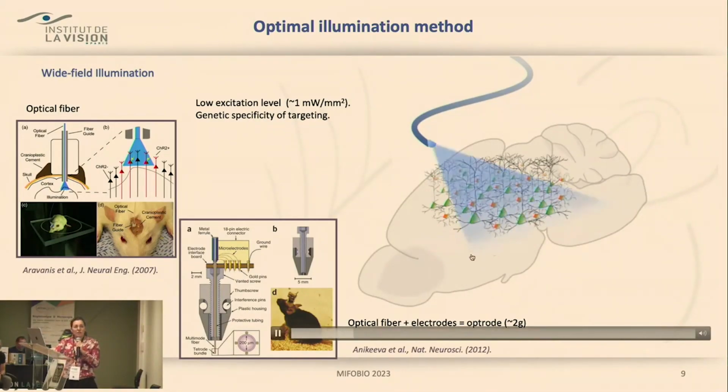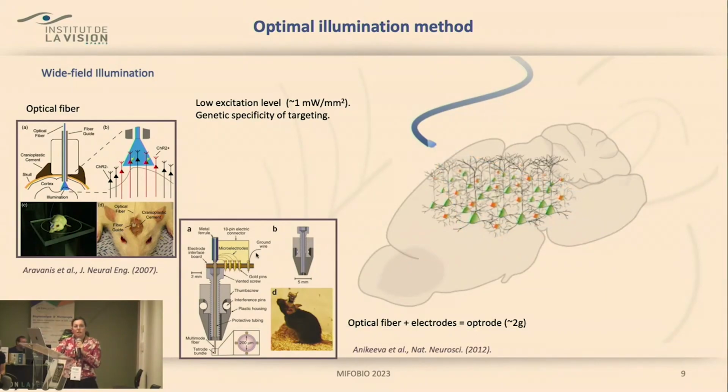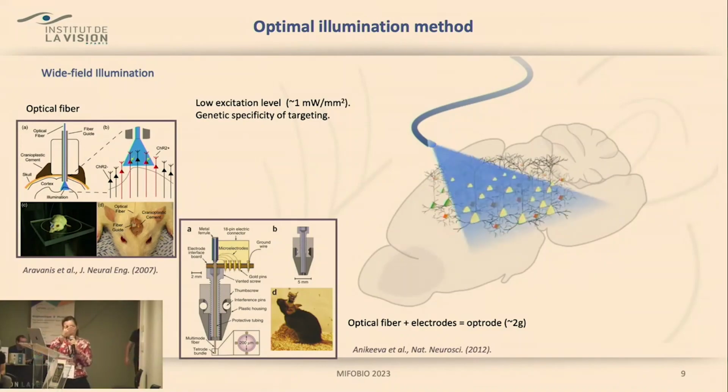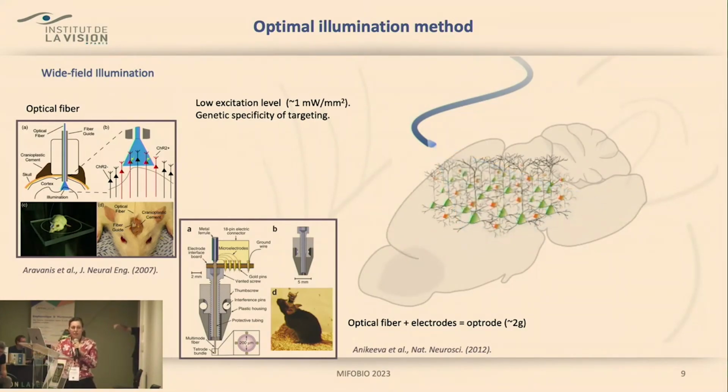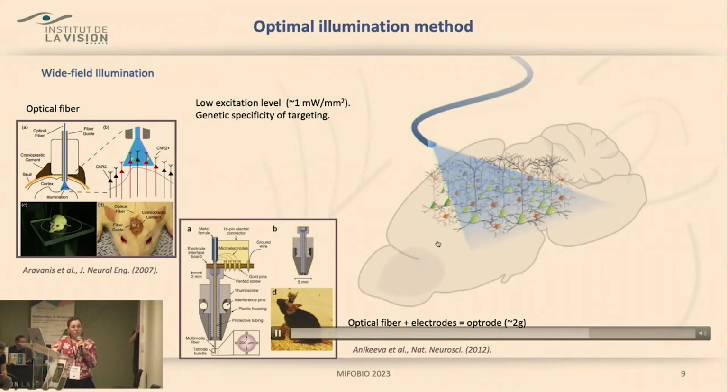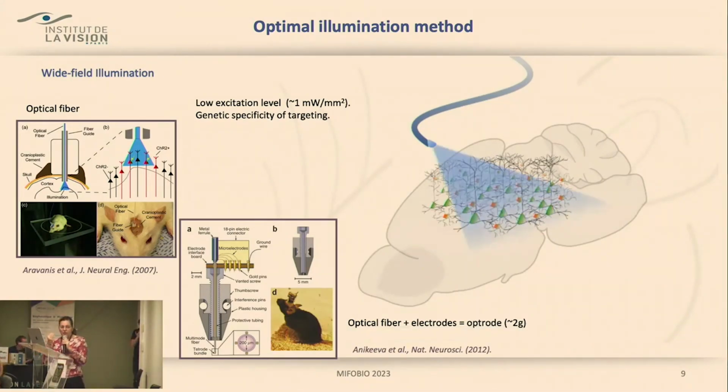The first studies were using just an optical fiber that delivered light unselectively to the preparation, in this case mice, and like that all the neurons in the field of view were excited, and the selection was based only on the selectivity of the expression. Normally the virus that you use to express has a specific promoter that targets specific types of neurons.